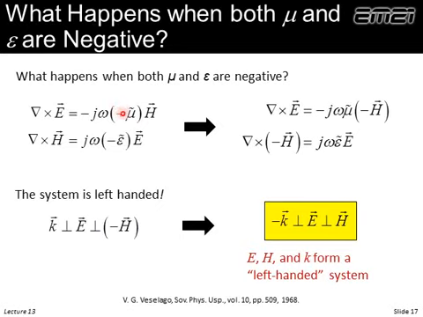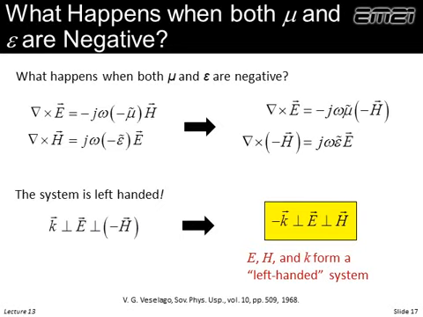The next thing we'll do, we'll take these negative signs and associate them instead of with mu and epsilon, with H. So in our top equation, we move the negative from the mu to the H. In the bottom equation, we move it from the epsilon over to the H on the left-hand side. Now, for right-handed materials, E and H and K, the wave vector, that's the direction the wave is propagating, are all at 90 degrees with respect to each other.